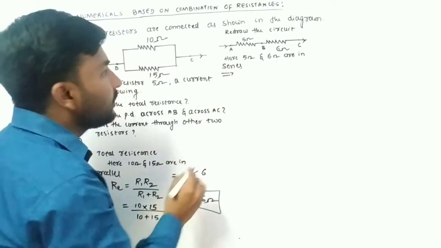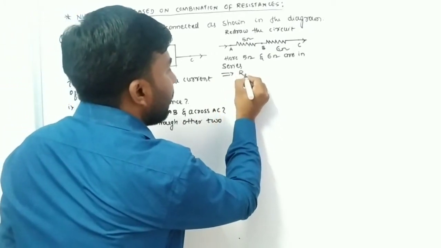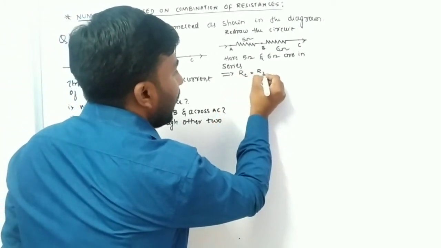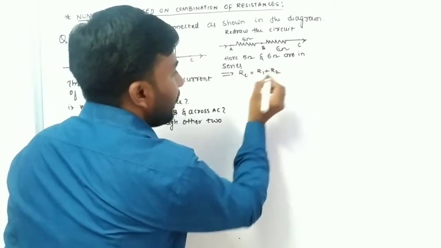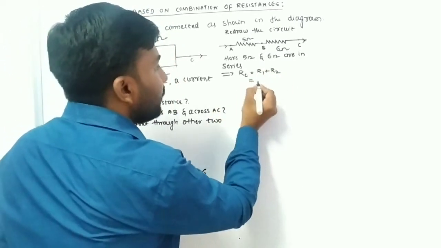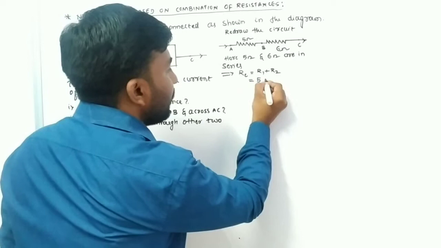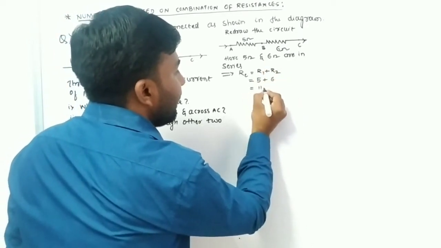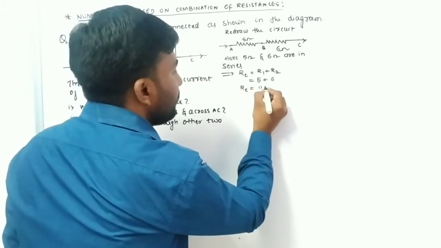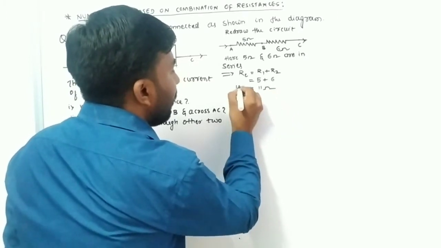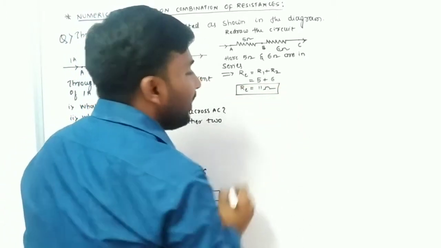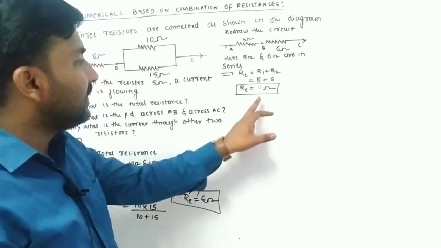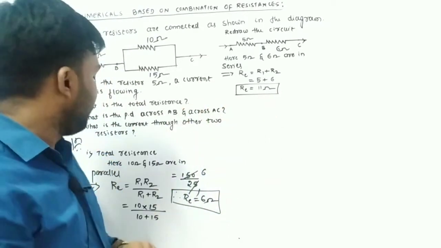This implies that R equivalent is equal to R1 plus R2. This is equal to R1 it is 5, R2 it is 6. This is equal to 11 ohm. So we got the equivalent resistance is 11 ohm.